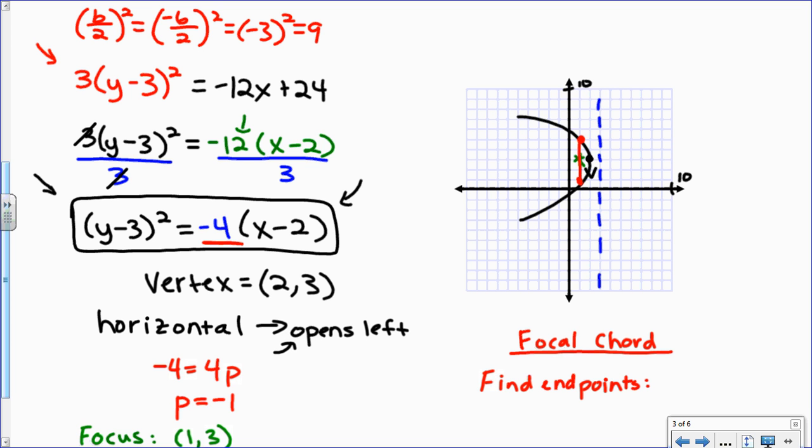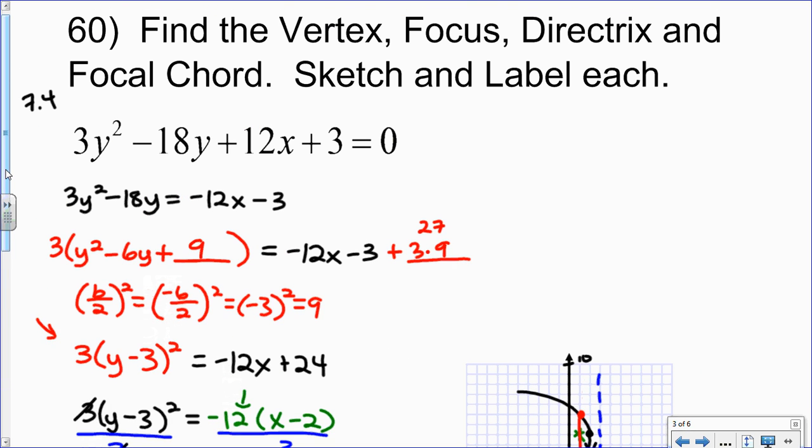What do I know that my x-coordinate is? Since it has to go through the focus, what do I know that my x-coordinate is at these two places? 1. So that's what I'm going to do, is I'm just going to plug in 1 for x. You can go to your shifted form after you've completed the square or to the original. So let's just go back to the original, and I'm going to plug 1 in for x.